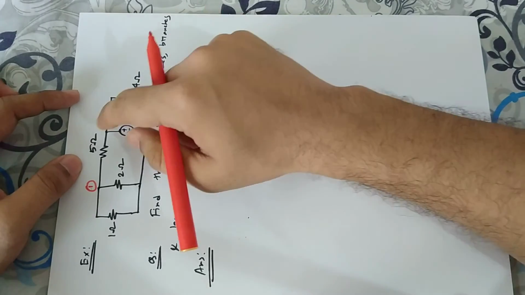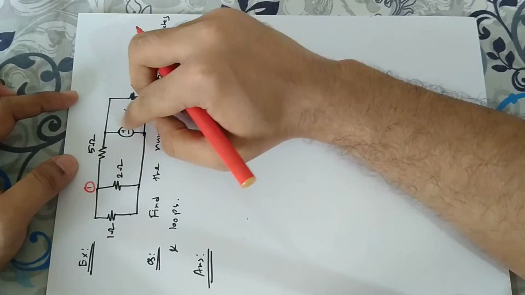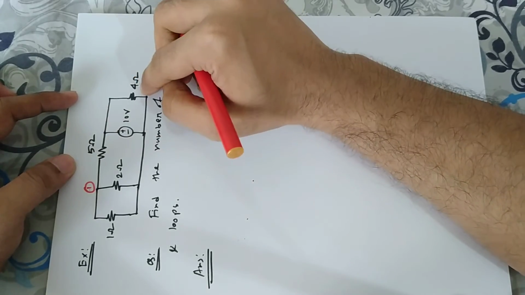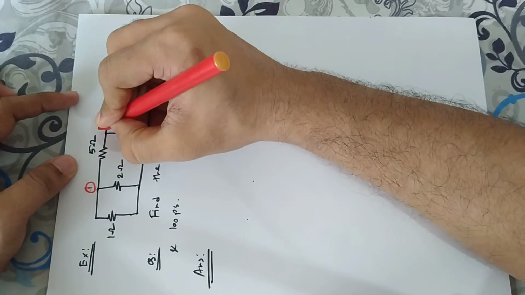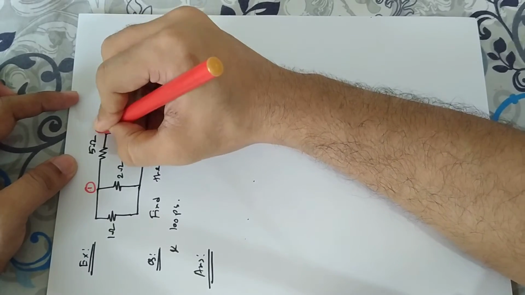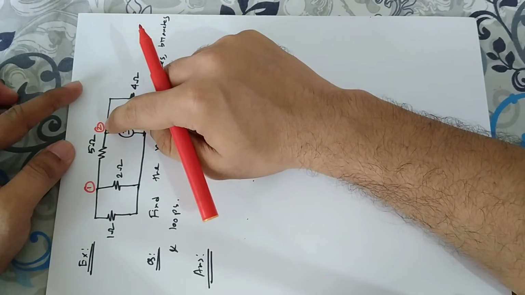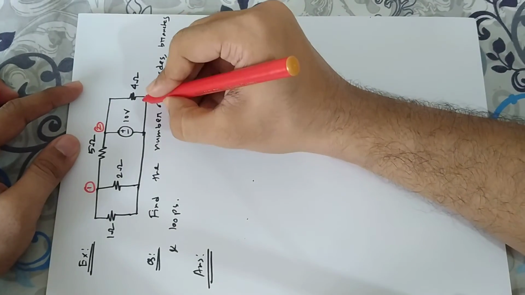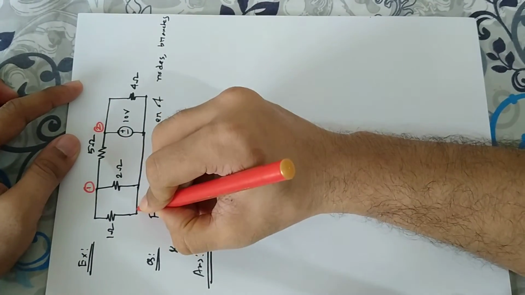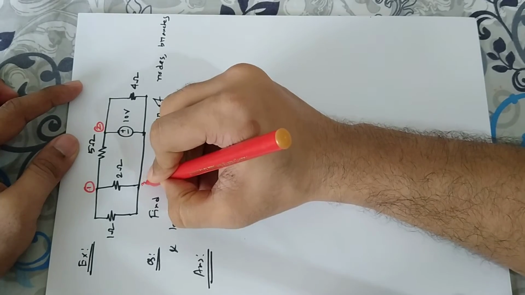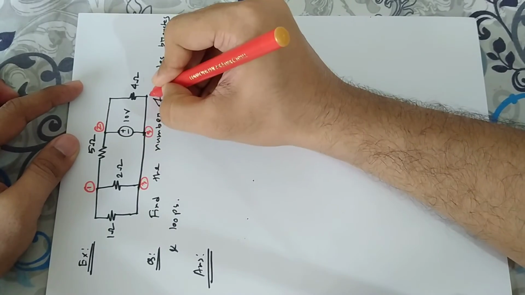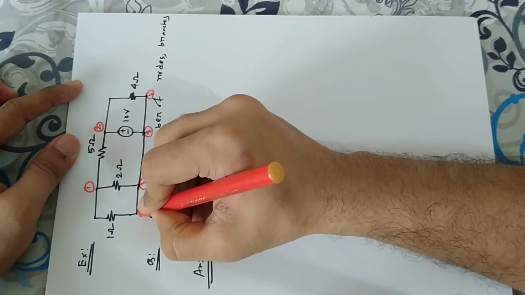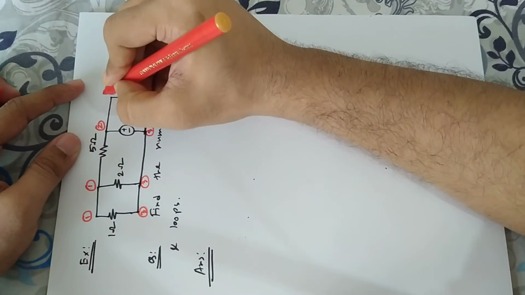At this point the 5 ohm resistor, 10 volt voltage source and 4 ohm resistor are connected, so we can name the point as 2. So this is node 2 and this is a common node. The common node is 3. This is 1, this is 2.